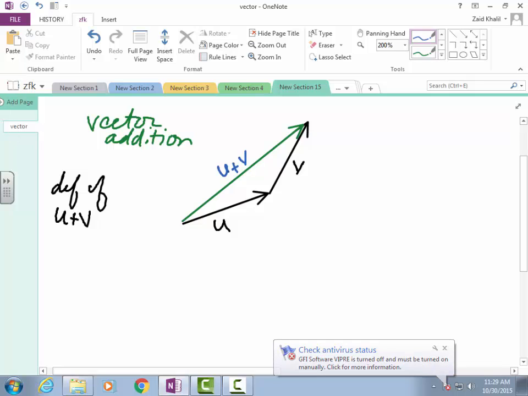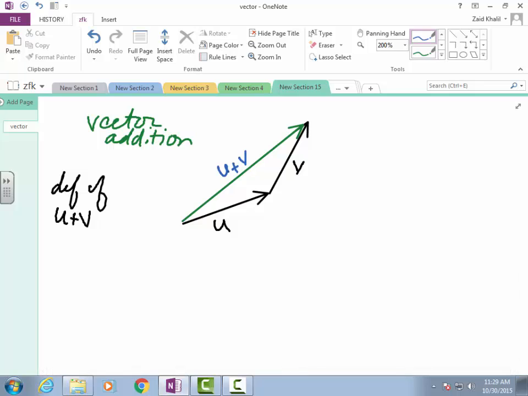Now that we have this definition, what's the first thing we want to verify? We want to verify what would happen if we reversed these. In other words, we're trying to see if vector addition is commutative. So does this equal v plus u?